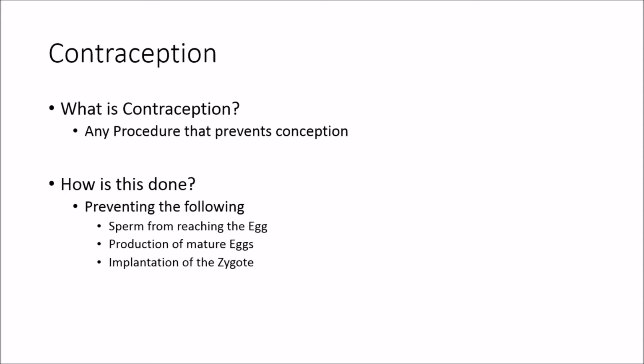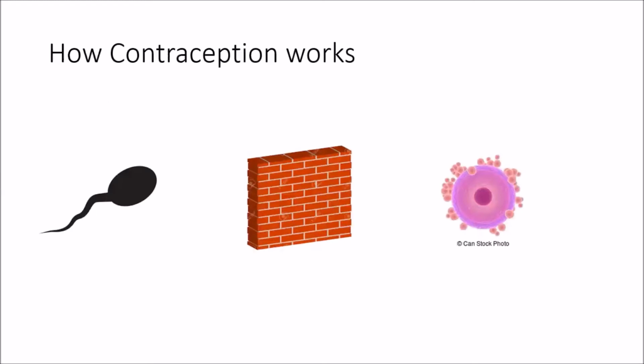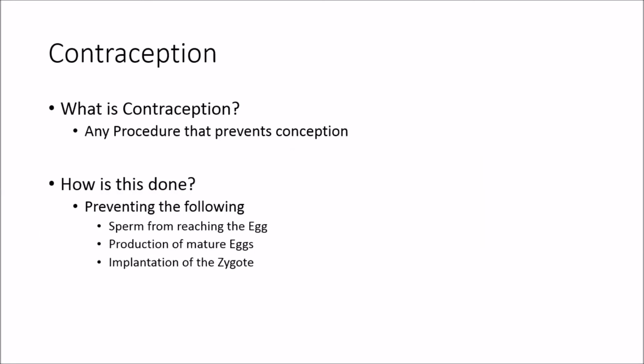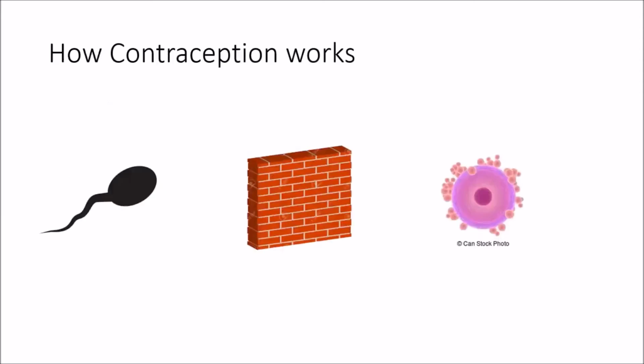The last method we're going to talk about is preventing implantation from occurring. But I'll talk about that later on in the presentation. Like I was saying earlier, one way that contraception works is that it prevents a sperm cell from reaching an egg.